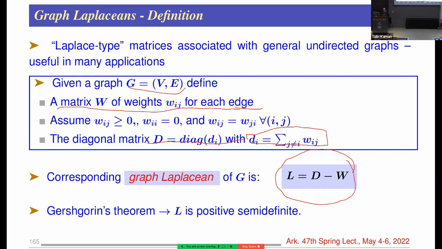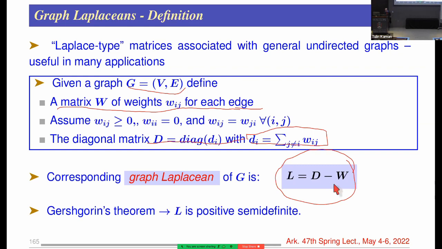And you can think of the simplest case. What is the simplest case? The simplest case is when the Wij's are all equal to 1 or 0. So it's the incidence matrix in that case, right? Then this would be the incidence matrix, and this would be the matrix of degrees, the sum of the Wij.